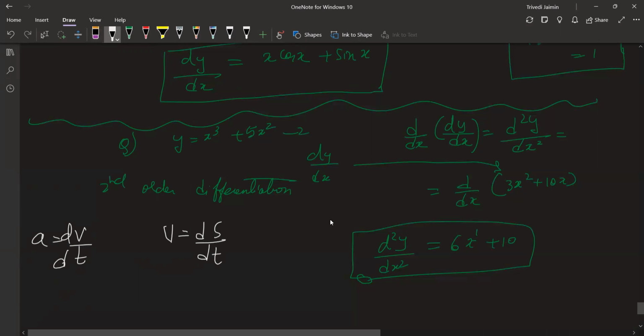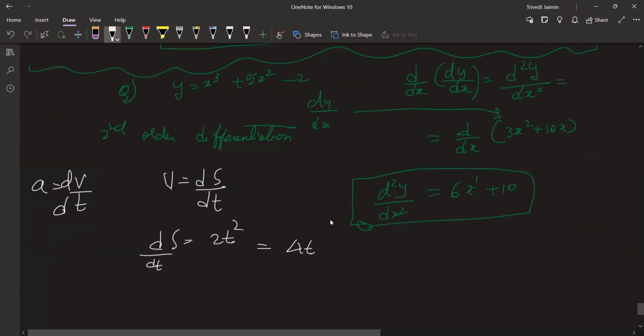So if s is 2t square or something, we differentiate ds by dt to get 4t. That will be your velocity. And again, we differentiate 4t with respect to t. We get 4. This is your acceleration.